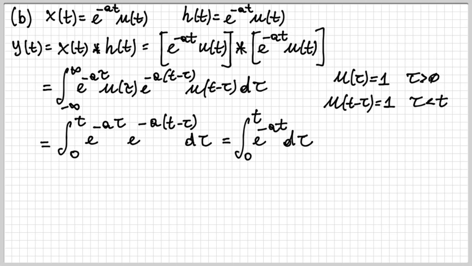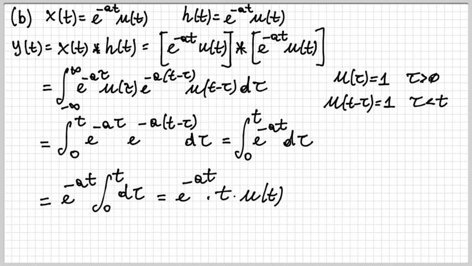I notice again that e to -at does not depend on tau, so it's a constant for the integral and can be taken out, and I obtain e to -at times the integral between 0 and t of d tau. This is similar to the one in the previous point A. So if you recall, this integral is t u of t. Cool.